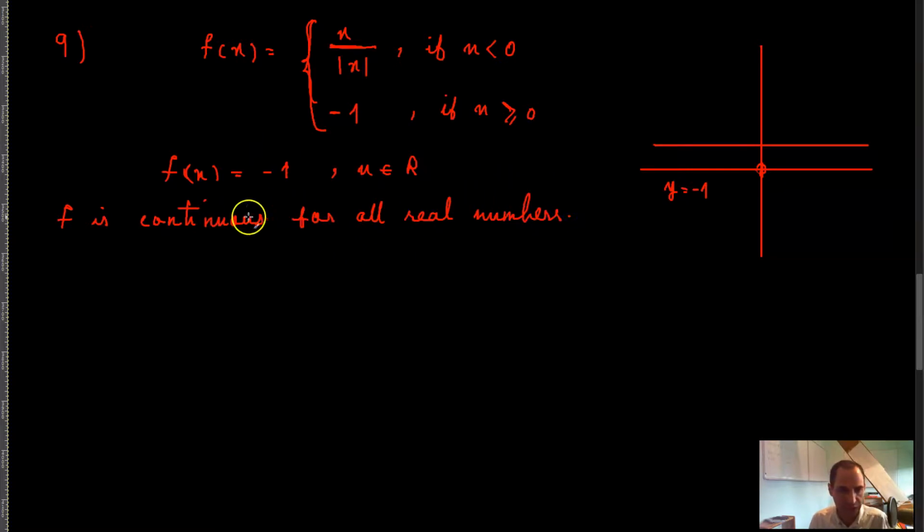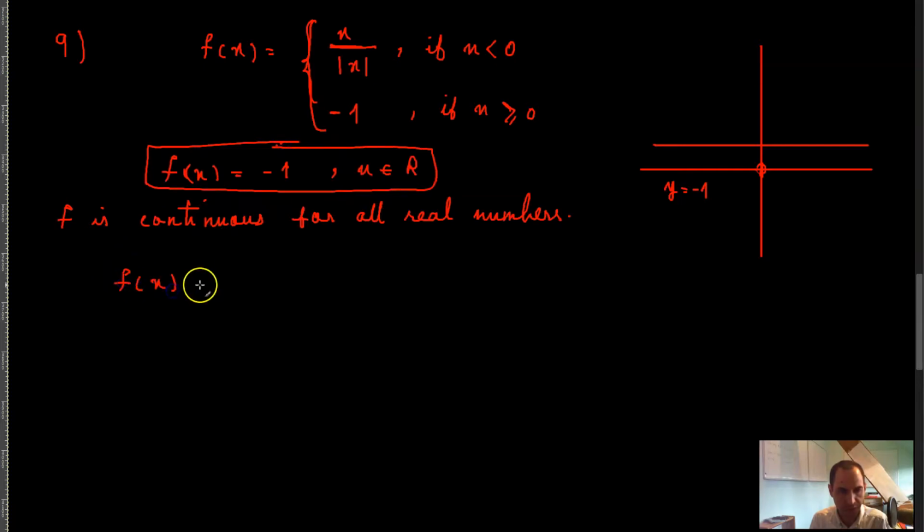Of course, I haven't examined this, but you intuitively know that this function is continuous for all real numbers. First of all, f of x is equal to -1 for every x belonging to the set of real numbers.